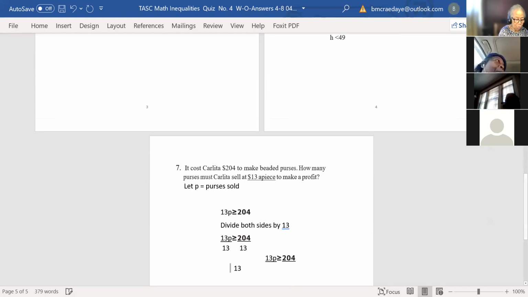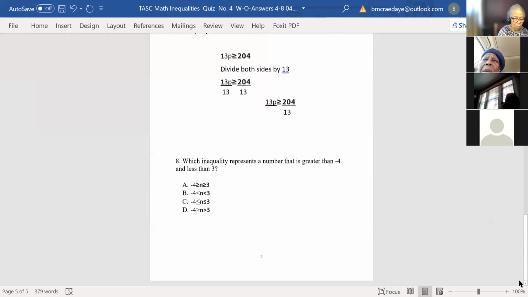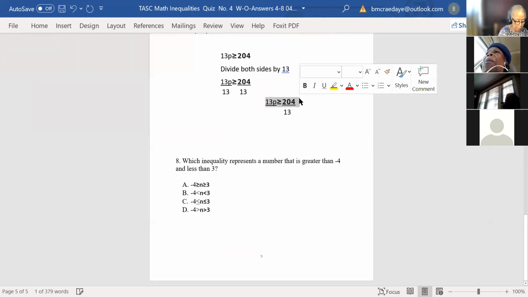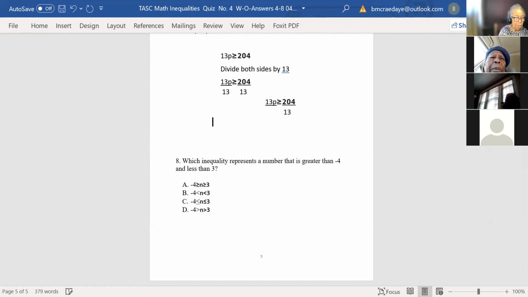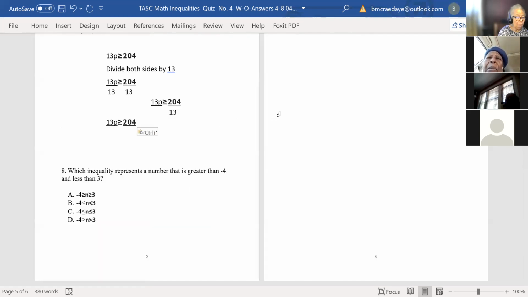What's 204 divided by 13? 15.69. Okay, so I'll just have P here, since 13P divided by 13 is just P. And when you divide 204 by 13, what did you get, Vanessa? 15.69.